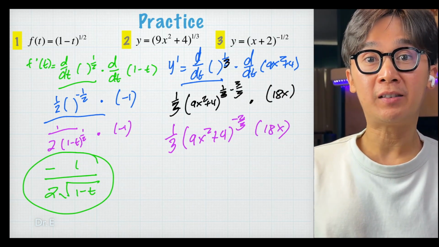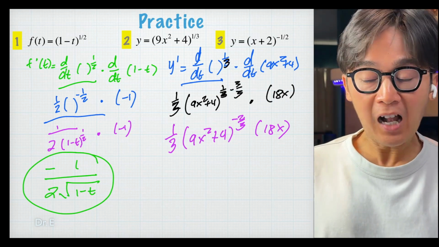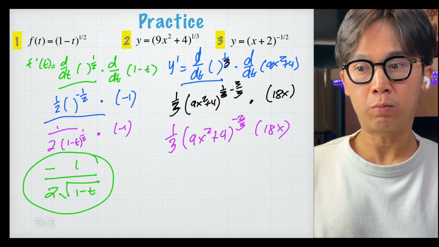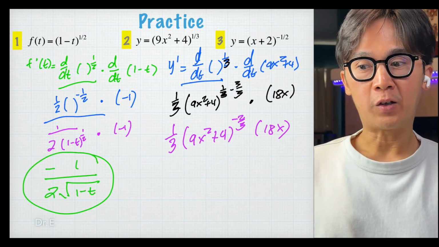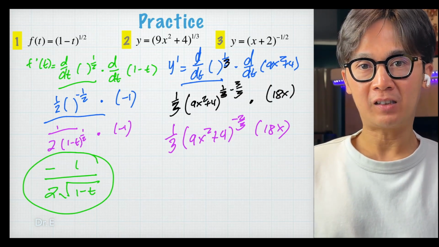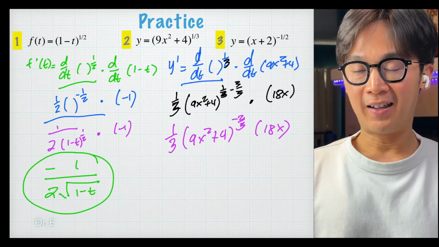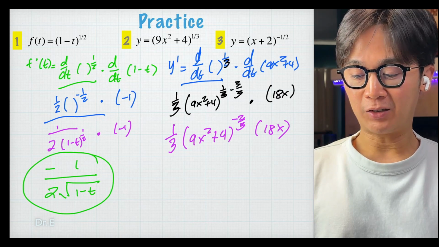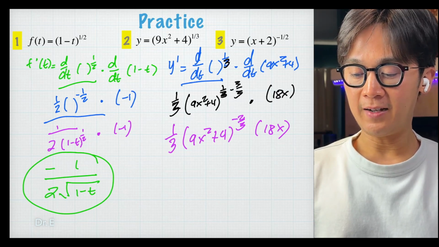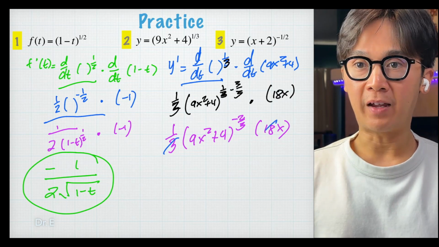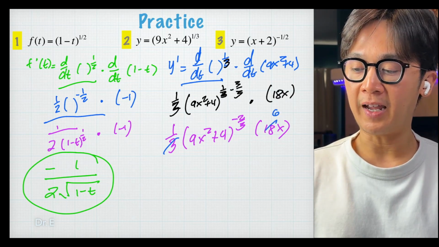Now the challenge is, do you still know your algebra? How are you going to simplify our answer to make it look pretty? By doing so, you'll exercise your mastery of algebraic skills like simplifying negative exponents and rational functions. We can simplify 3 and 18, which gives 6x.